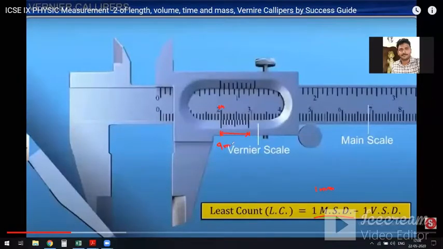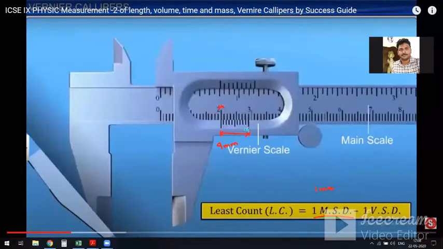The vernier scale is made 9 mm long, and this 9 mm distance is actually divided into 10 parts. So you have to find the distance between two divisions on the vernier scale. We want to find this small value.